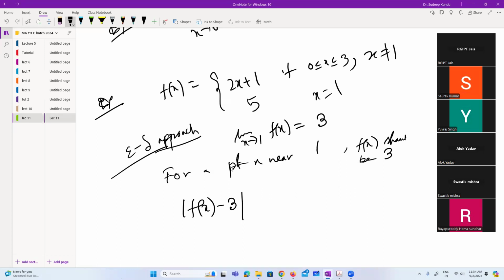So if you want to show it by epsilon delta, how will you show it? I'll show it.